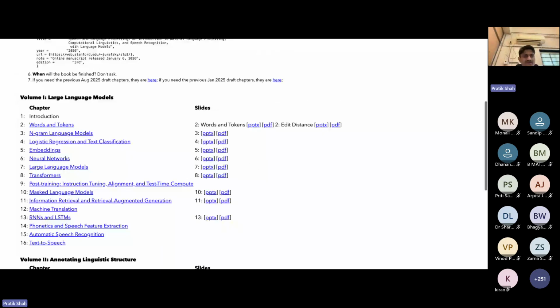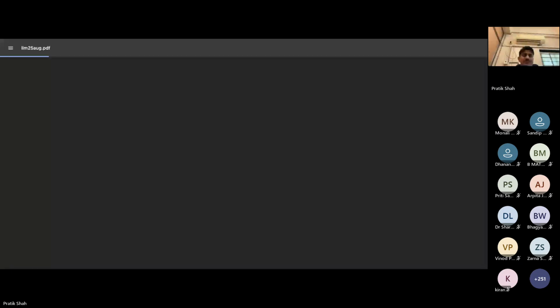Whatever I've discussed so far starts from chapter 1 up to chapter 4. Some portion of large language models is also covered. Transformers is something which is pending. Maybe I can help you look at this. It's a very good resource, and I think you will benefit from it.